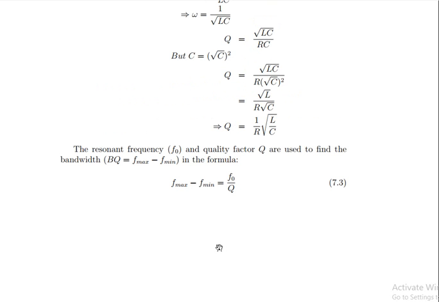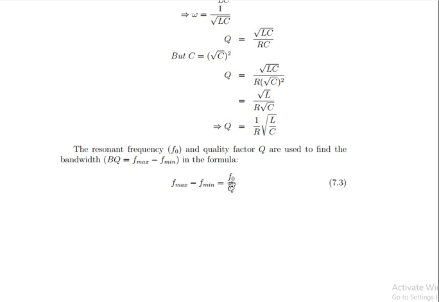The application of this AC circuit is that you can have a radio. You have radios which can receive certain signals from radio stations, and these radios have a certain bandwidth where you can hear the radio signal. The bandwidth shows the uppermost and the lowermost region at which you can hear that particular radio signal, but the resonance frequency is the middle frequency at which you are going to hear the radio signal with the best quality.